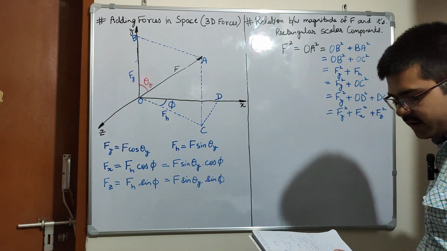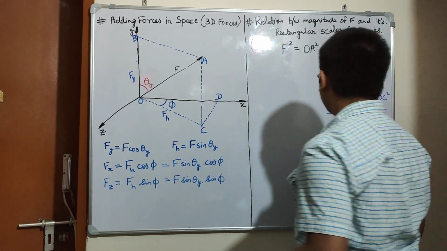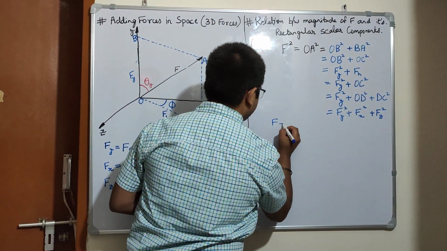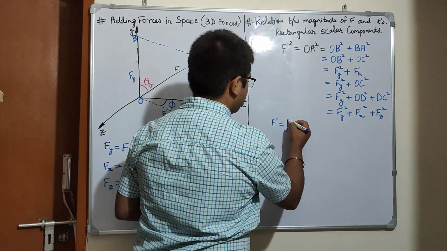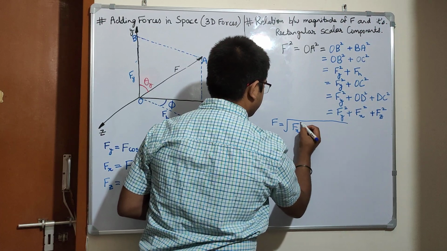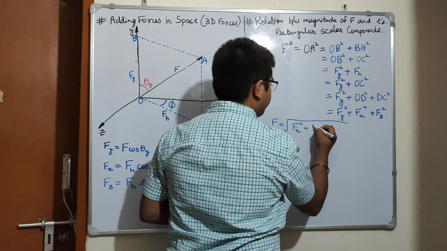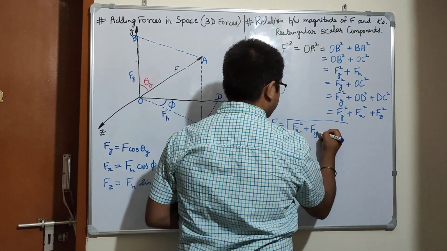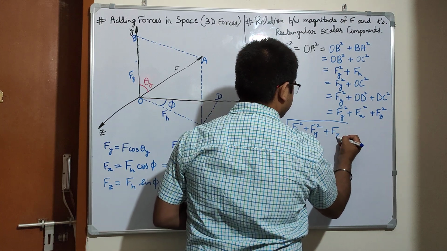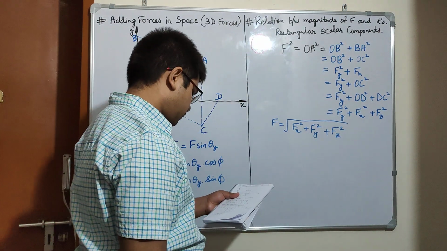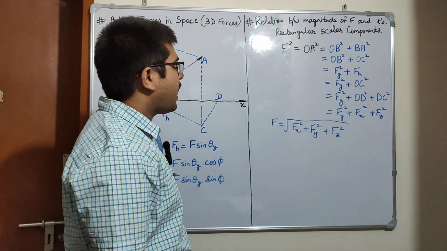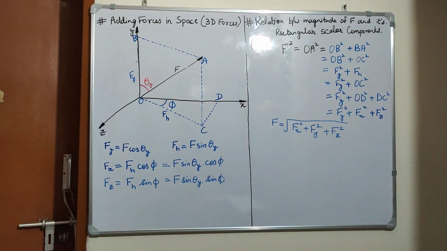Now if we rearrange this and take root on both sides, then F would be equal to root under of Fx square plus Fy square plus Fz square. So that is the relation between the magnitude of F and its rectangular scalar components.